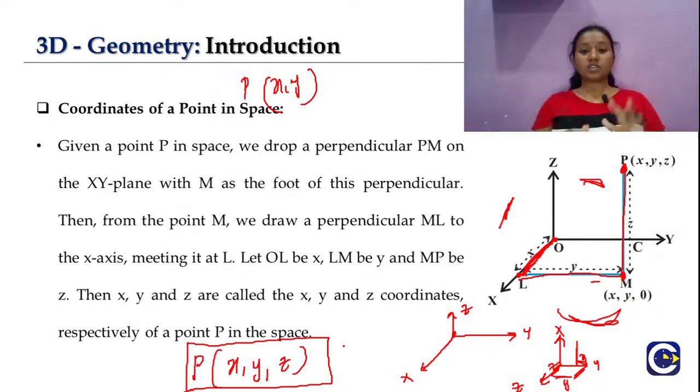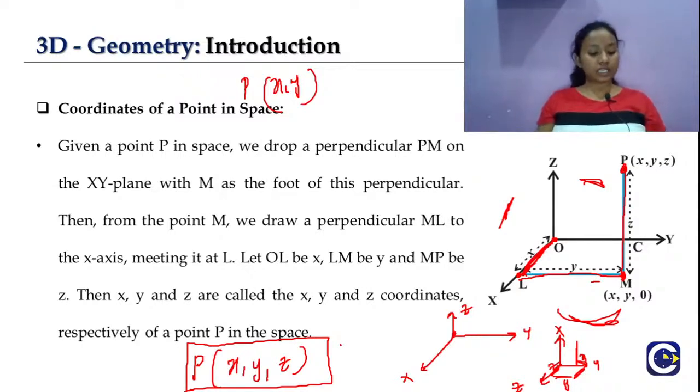Right guys. So far if you have any doubts, you can please let me know. If not, we can move ahead with our next one, that is related to our quadrants in 2D, but here it will be octants. So quickly guys, you have any queries in this writing the coordinates of a point?